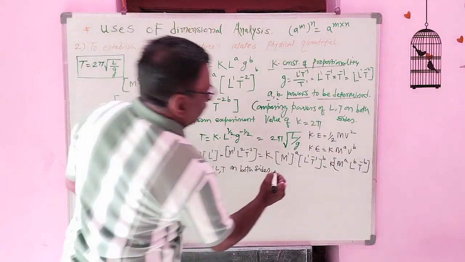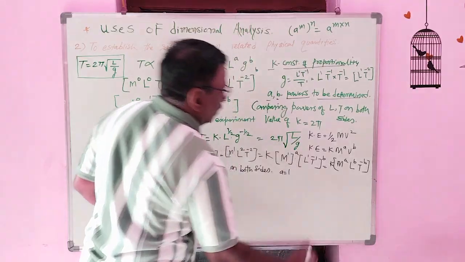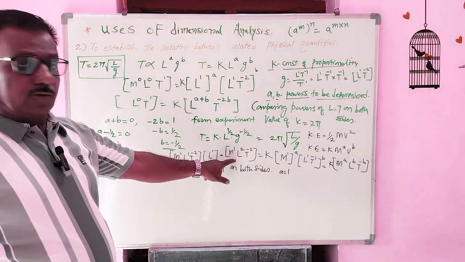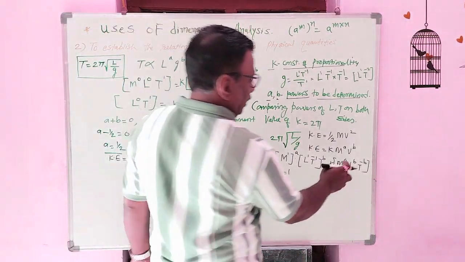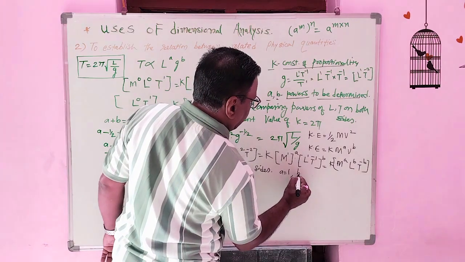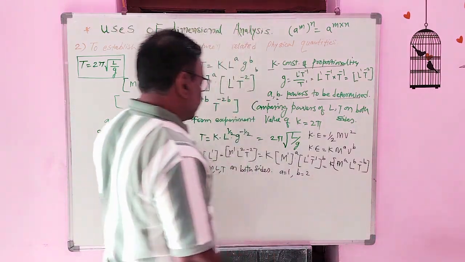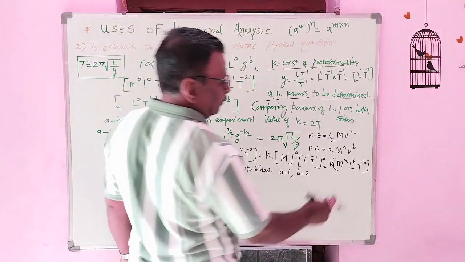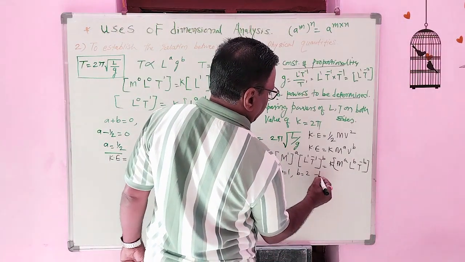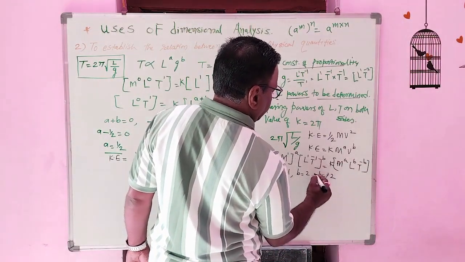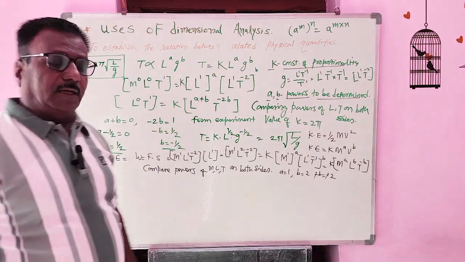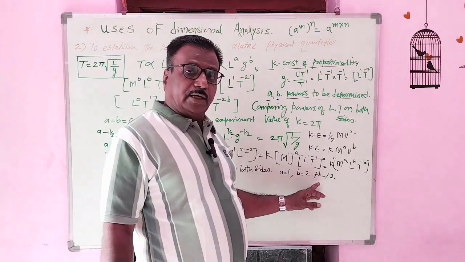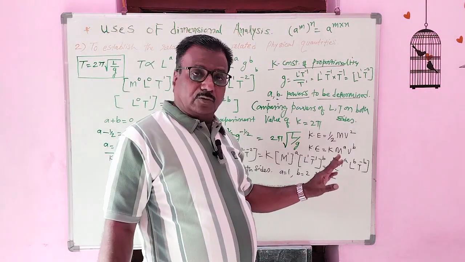That means we get a equal to 1. L raised to power plus 2, L raised to power b, we get b equal to 2. Similarly, T raised to power minus 2, T raised to power minus b, or we can write minus b equal to minus 2. That means minus minus getting cancelled on both sides, we get b equal to 2.